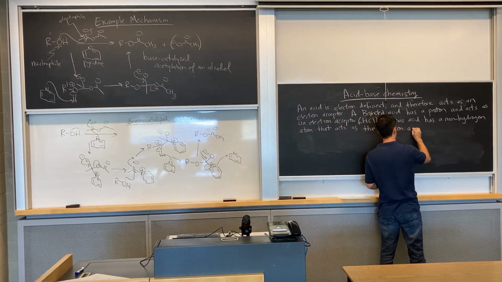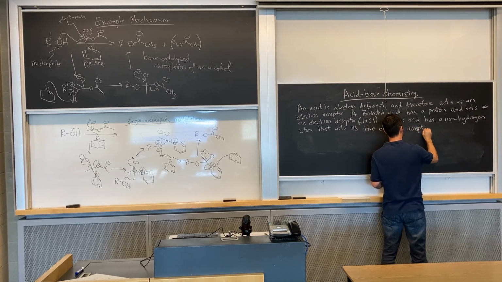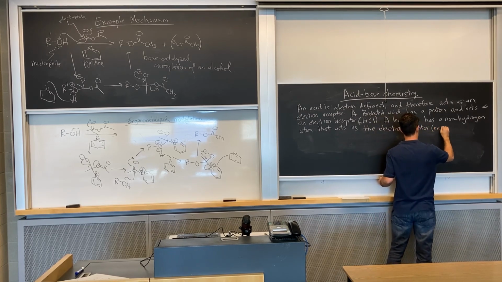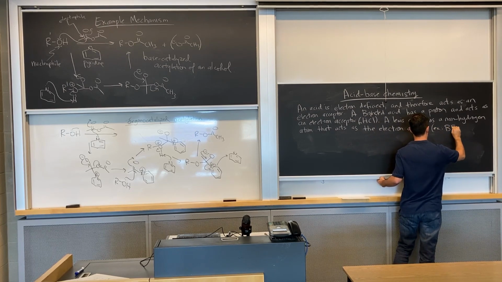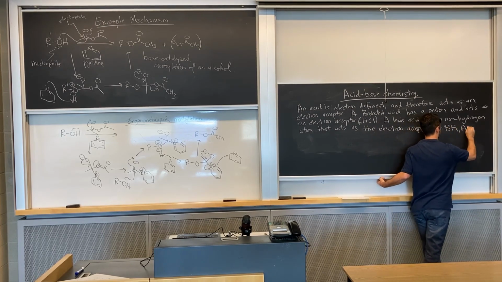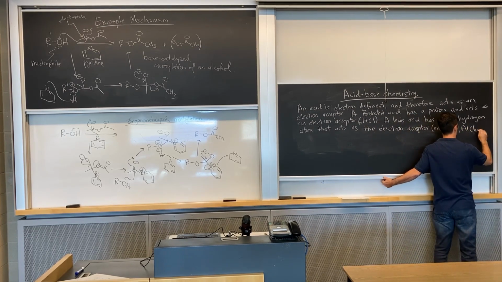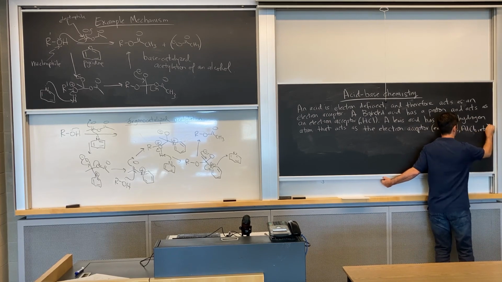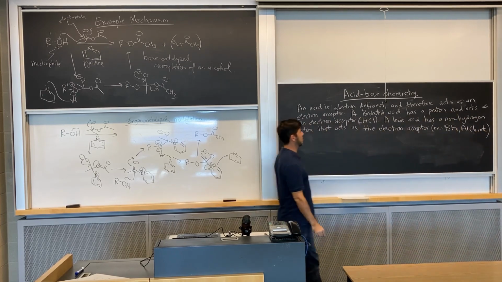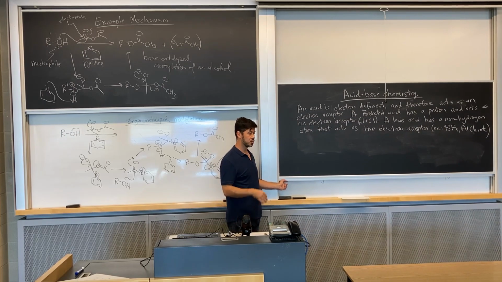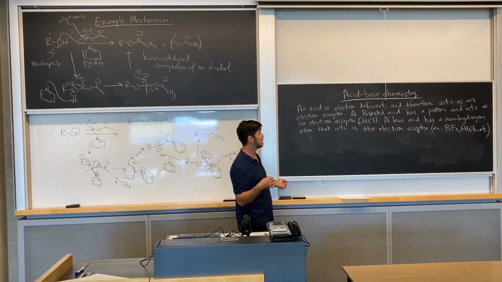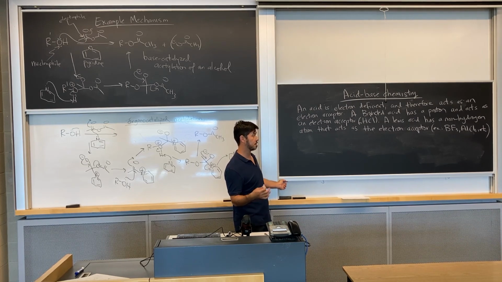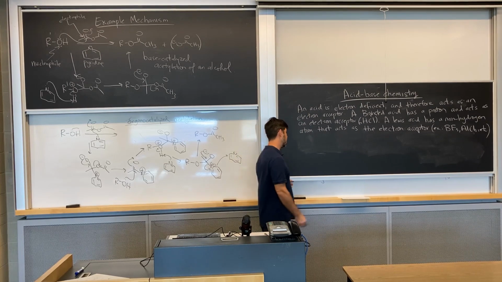Okay, so I just wrote what I said. So this is the definition of an acid. They're all electron deficient molecules, and they're seeking an electron acceptor. So things like HCl or Lewis acids like BF3, AlCl3, for example.